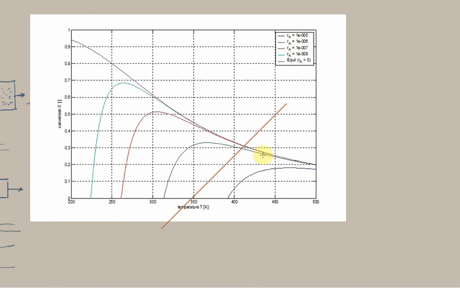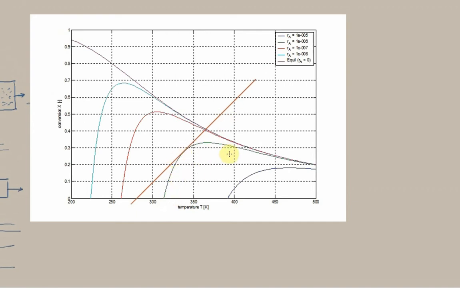So let's say we've picked the entry temperature to be some value, let's say here. Then of course the adiabat becomes this line. And now let's try and think about where the optimal point might be to stop along this line.